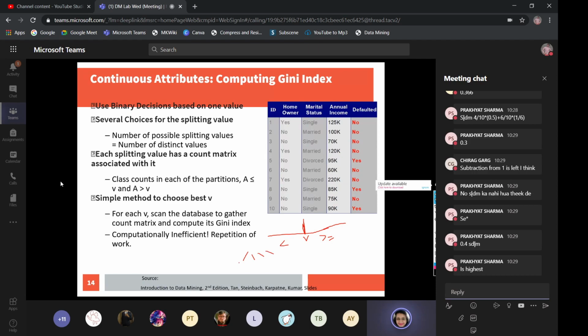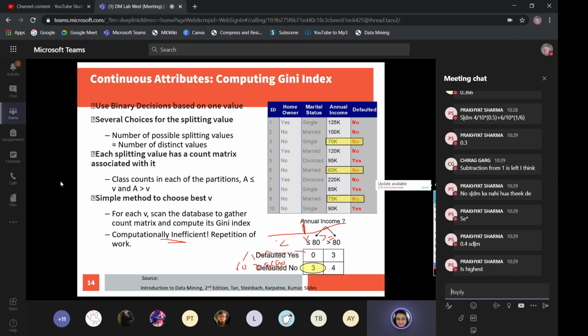So starting from let's say 60, 70, 85. So you just understand them to be multi-way splits and compute the Gini index of each and pick a value which gives the maximum gain. But it is computationally inefficient to do this.